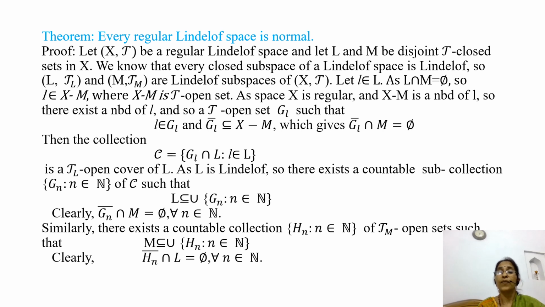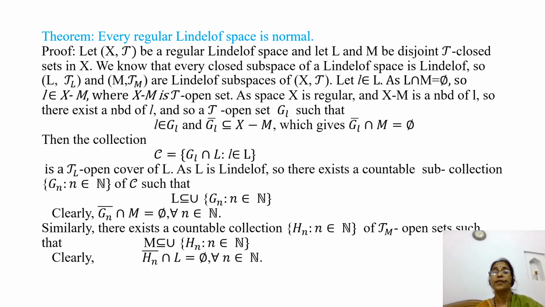And then clearly Gn closure intersection M is phi, because earlier we have seen that GL closure intersection M is phi, so Gn closure intersection M is phi for every n belongs to N.